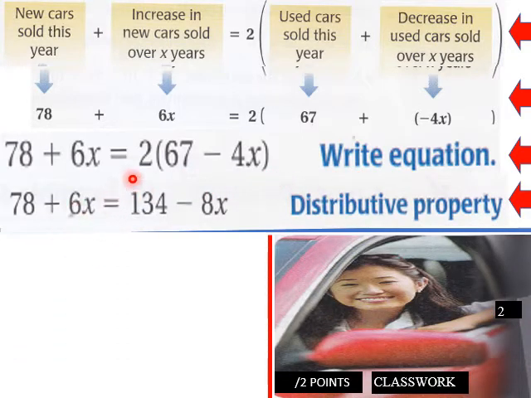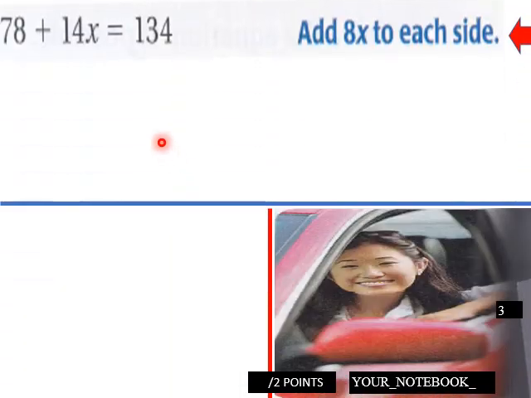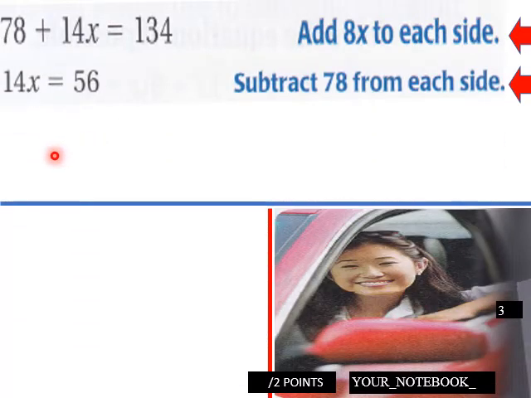When we distribute our multiplication, we have 134 minus 8x up here equals 78 plus 6x. So now, hopefully, when we solve for x, we can come up with our magic numbers here. So 78 plus 14x equals 134. We added 8x to each side.